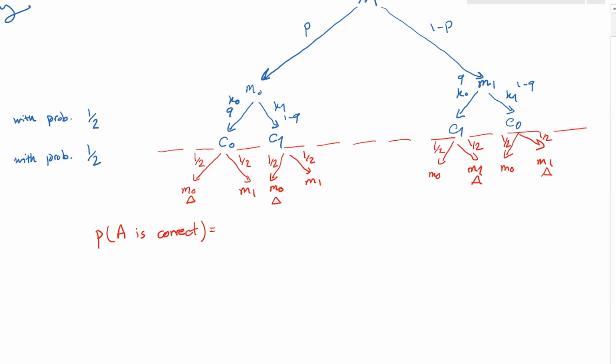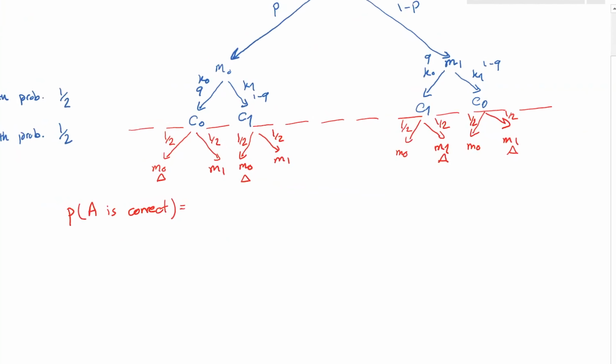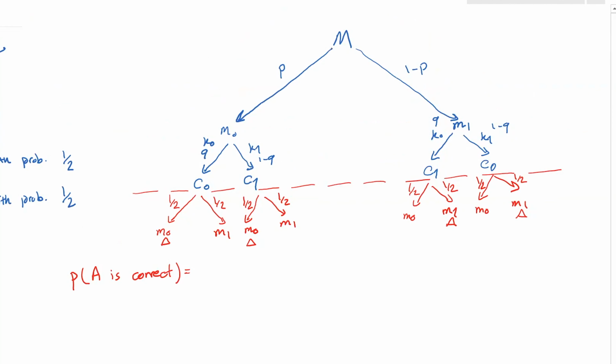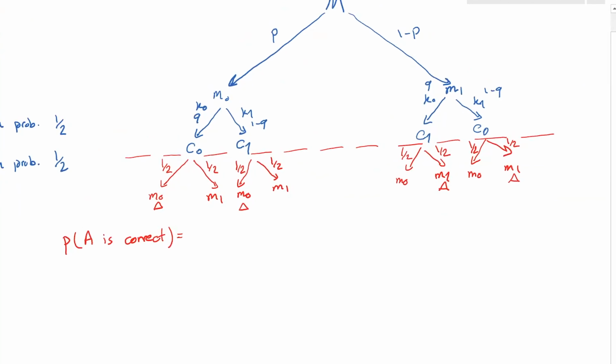Let's now see in what fraction of cases A is correct, that is, the probability that A is correct. We need to compute the probability of each branch in its entirety. With probability P the message M0 is chosen, with probability Q, K0 is chosen, and with probability half the adversary says this is M0.